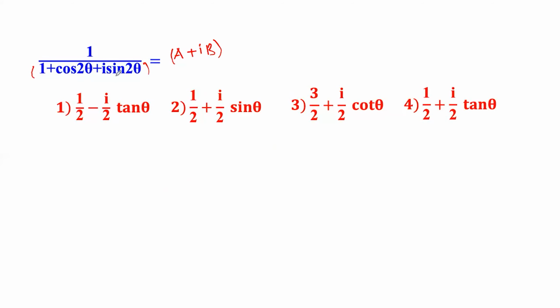We have to bring this to the numerator, and we have to use the basic trigonometrical formulas: 1 plus cos 2 theta and sin 2 theta. See, 1 plus cos 2 theta is nothing but 2 cos square theta, and sin 2 theta is 2 sin theta into cos theta, right?